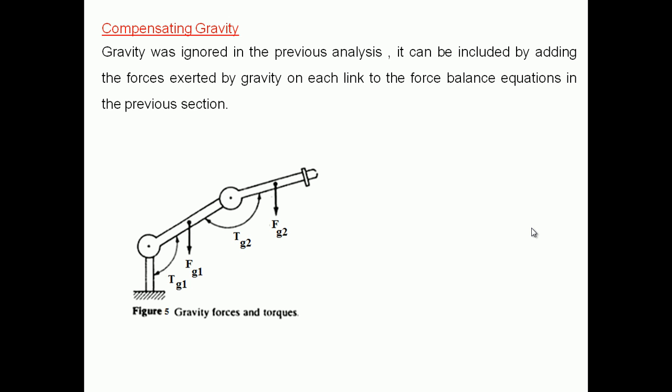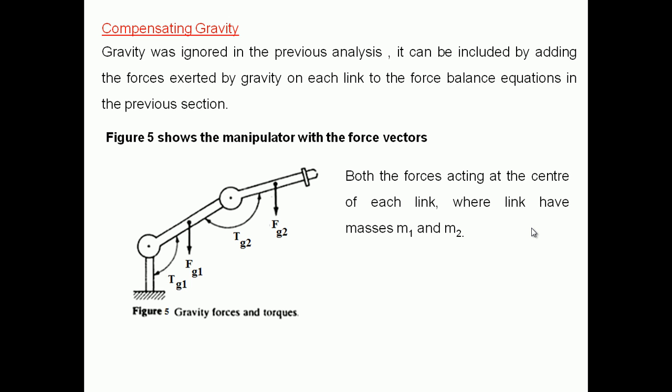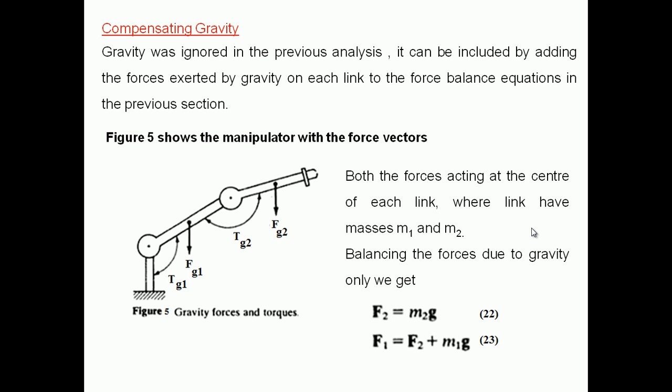See here, the gravity will act exactly at the center of the link. So gravity forces and torques both act at the center of each link, which have masses m1 and m2. Balancing the forces due to gravity only, we get, very important, F2 is equal to m2 G, F1 is equal to F2 plus m1 G.